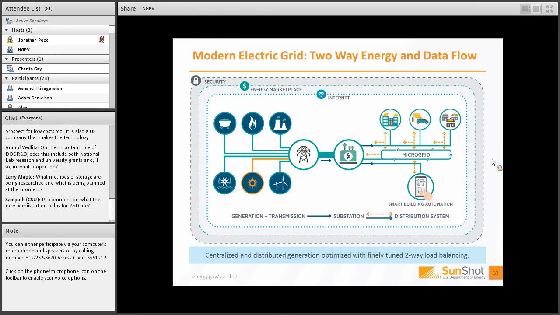DOE does have storage initiatives. They're mostly associated with the Office of Electricity. In the solar Sunshot team, we do not have storage per se.